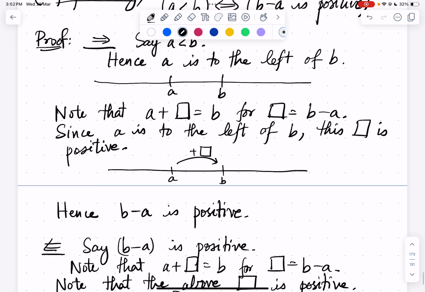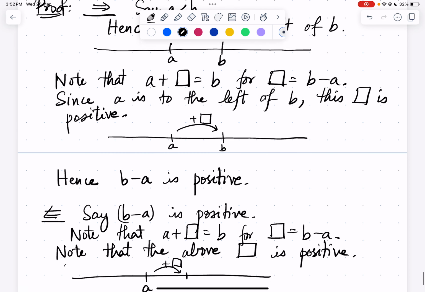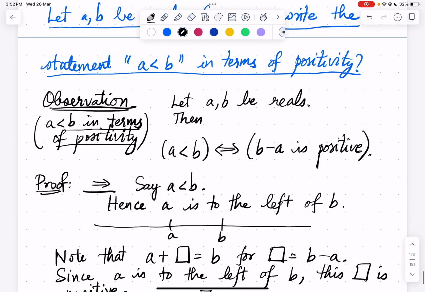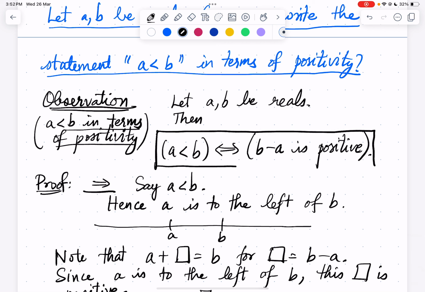Right. So we have this equivalence. Whenever we say A is to the left of B, we can rewrite it as a positivity statement. A less than B is same as saying B minus A is positive.